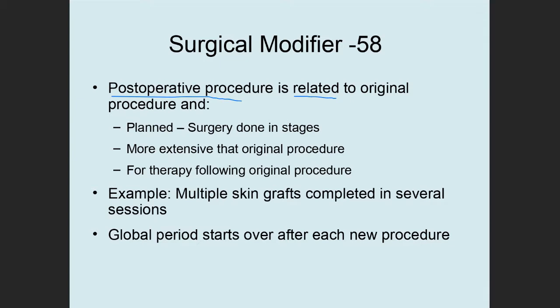The global period starts after each new procedure. So if the original one was a 10-day procedure, and then at day 6, the post-operative procedure related to it is done, the global period starts over again. If the second one is a 90-day procedure, you start the 90 days then, even though the original 10 days has not been completed.